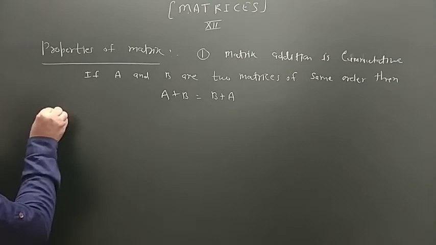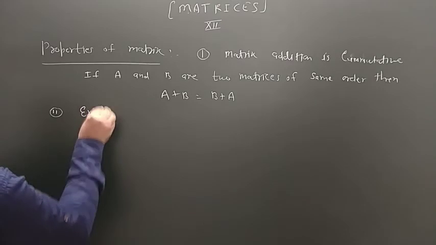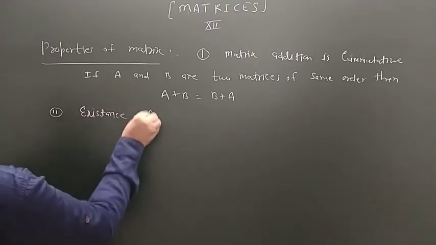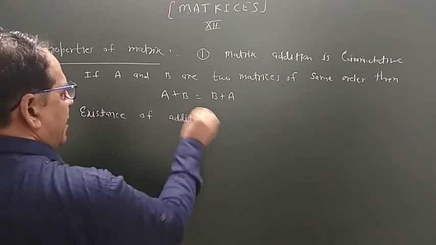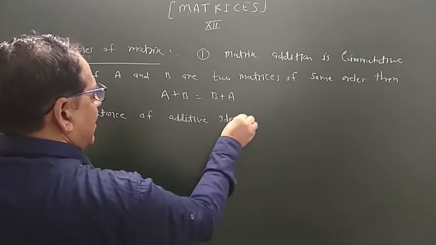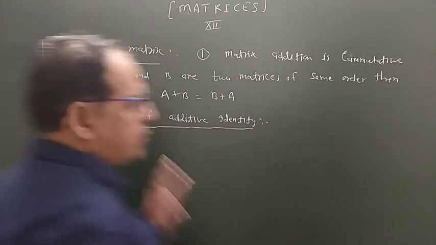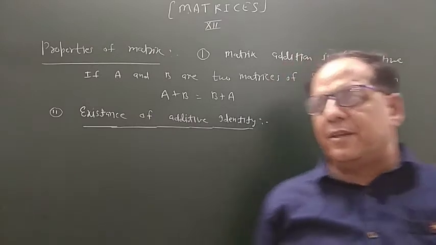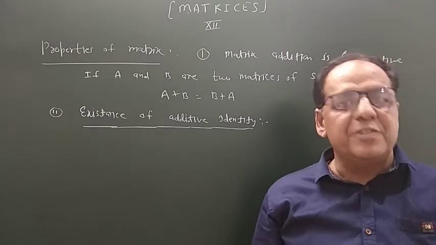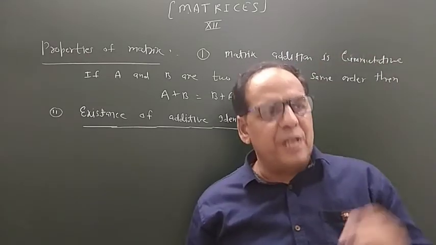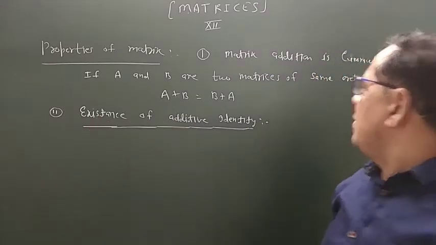Next, second, existence of additive identity. I think all of you are aware of the additive identity. At the number level, we have the additive identity 0, because after adding 0 to any number we get the same answer. Similarly, the topic is existence of additive identity.